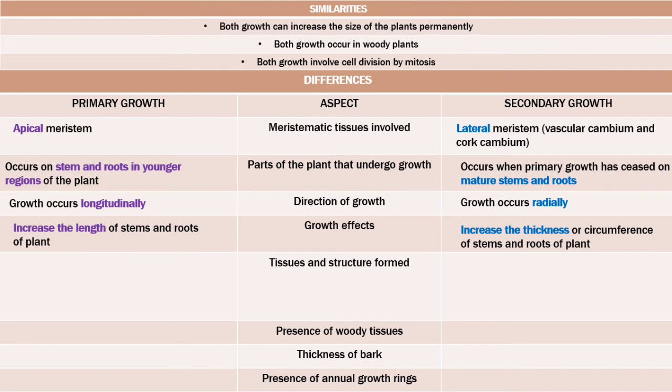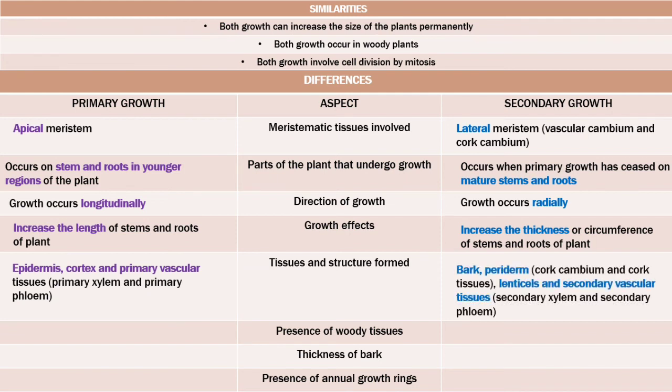The tissue and structure formed during primary growth are epidermis, cortex, and primary vascular tissue, while during secondary growth, the tissue and structure formed are bark, periderm, lenticel, and secondary vascular tissue. Presence of woody tissue. Okay, during primary growth, there is no woody tissue, while during secondary growth, there is woody tissue.